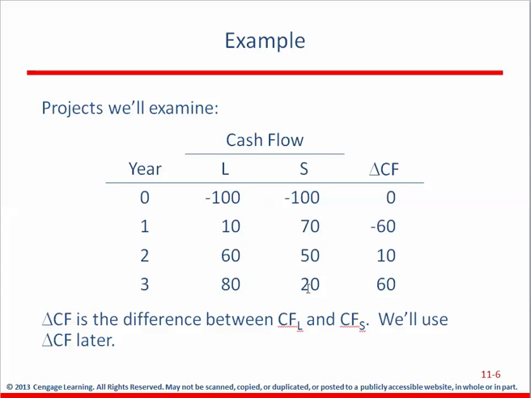And so that's why at low interest rates, the fact that 10 plus 60 plus 80 is 150, and this is 140, so L provides more total cash flows. So at low interest rates, that makes L dominate, and it has a higher NPV. But at high interest rates, the fact that L's big cash flow is 3 years into the future makes the NPV be less.